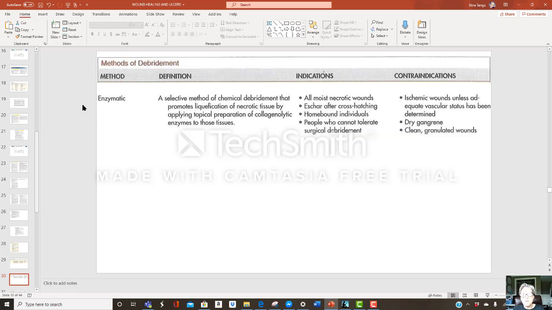Indications: all moist necrotic wounds, eschar after cross-hatching, homebound individuals, people who cannot tolerate surgical debridement. Contraindications: ischemic wounds unless adequate vascular status has been determined, dry gangrene, clean granulated wounds.